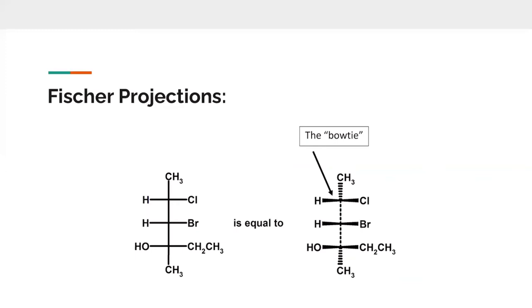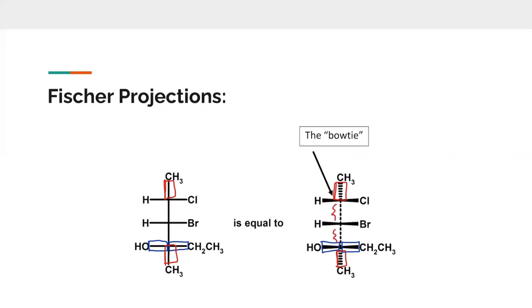The way these Fischer projections are drawn is that the horizontal bonds, so these bonds in blue, are implied to be wedges, pointing out of the page. And these vertical bonds are implied to be dashes. And this also applies to these bonds as well.